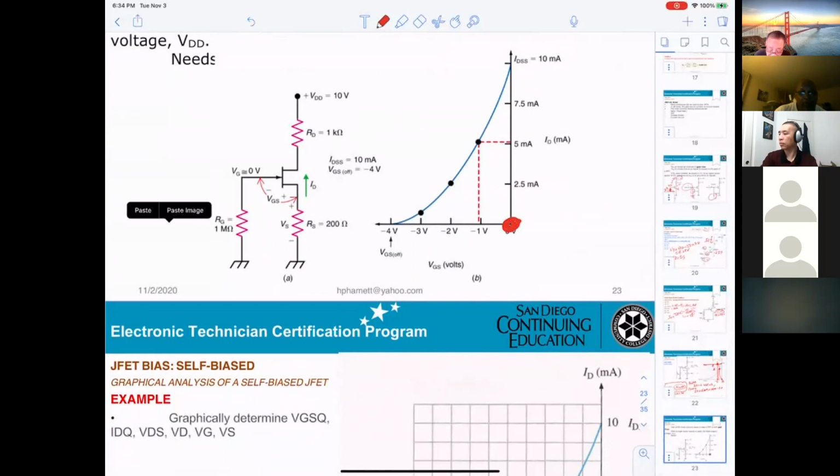Okay, and the second point, you can pick ID equal 2.5 or ID equal 5 or ID equal 7.5 or 10 milliamp. However, from the equation, you get VGS equal minus ID times RS.